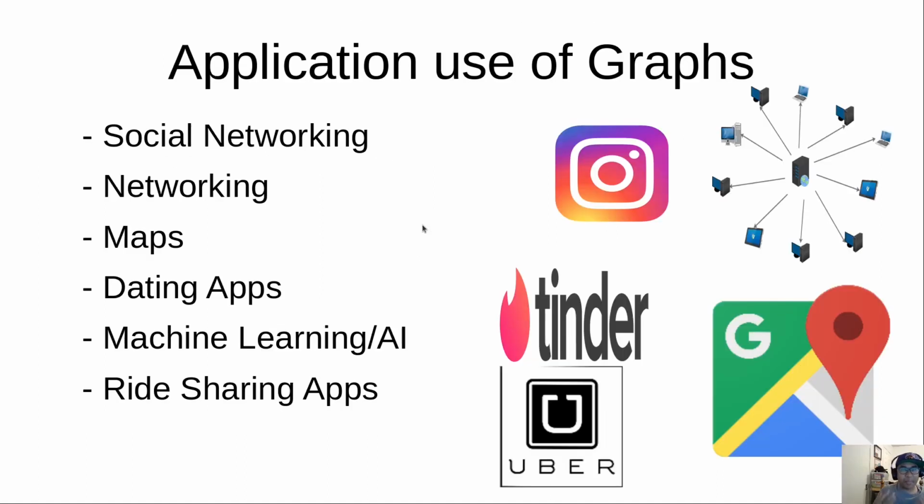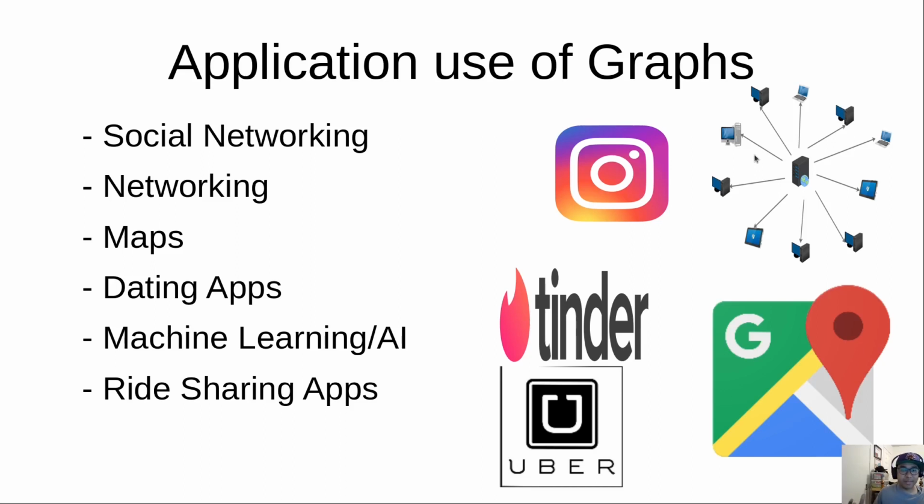Now, what are the applications of graph data structures? It's used in social networking to show the relationship between you and your friends. Networking in the IT infrastructure, right over here, you could see that a graph data structure would be really useful to show the relationship between the server and the company's computers.